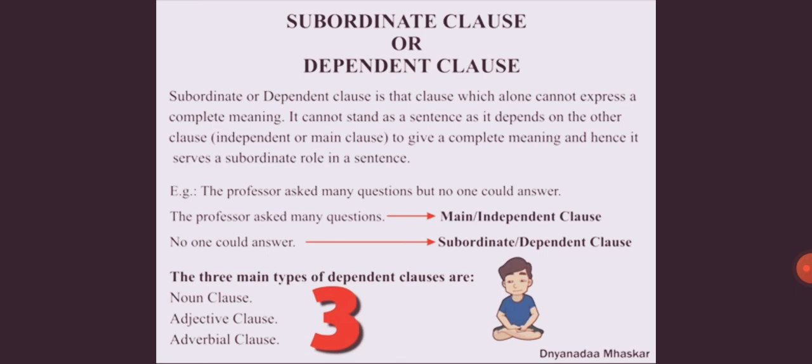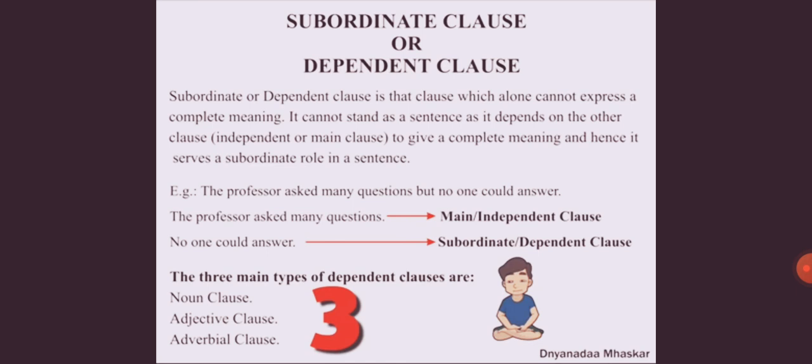Look at the following example. The professor asked many questions but no one could answer. Let us split this sentence. The professor asked many questions. No one could answer. What do we observe? The professor asked many questions makes complete sense and can stand on its own, and hence is a main or independent clause.